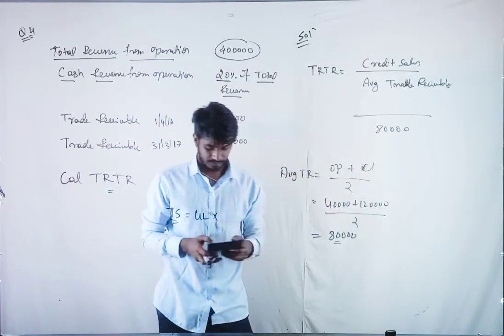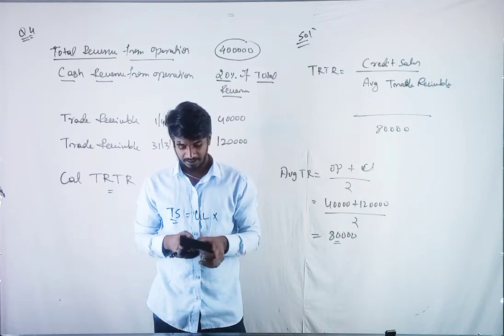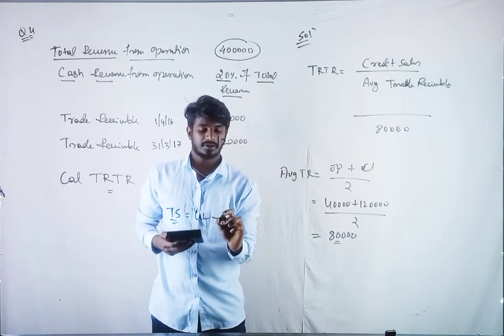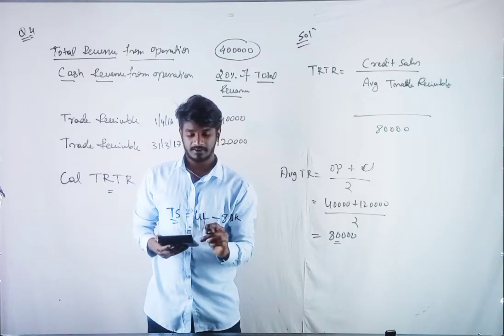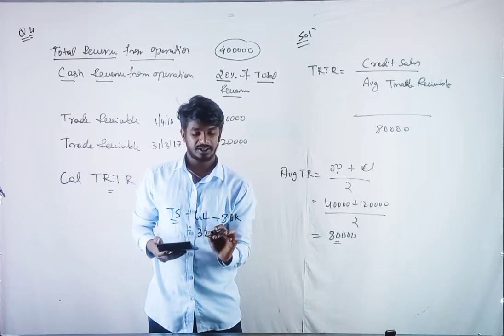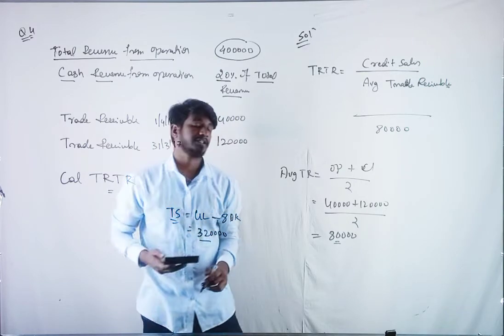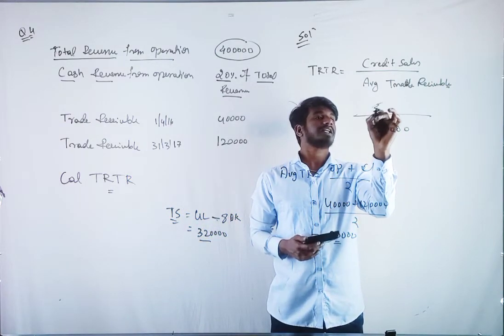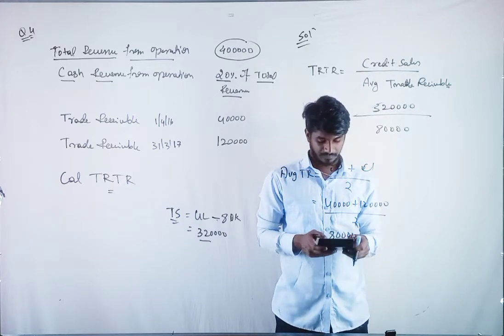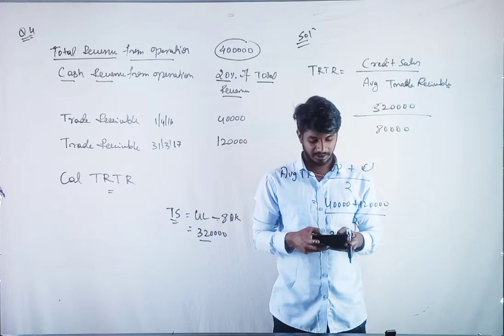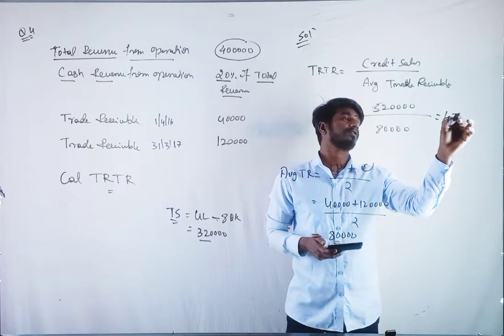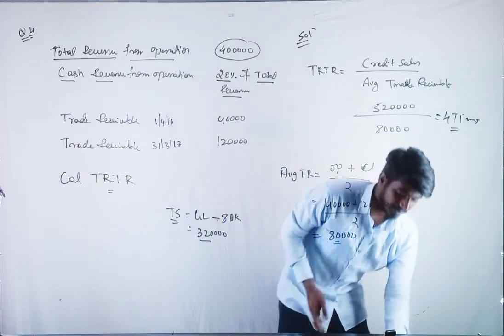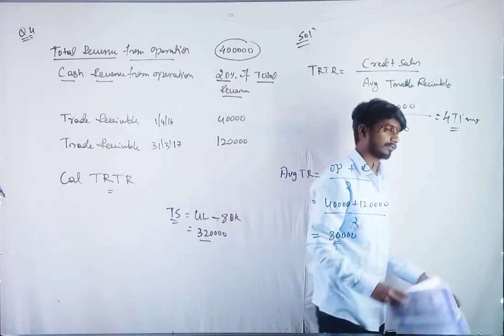How much is it? 4 lakh into 20% is 80,000. So 4 lakh minus 80,000 is 3 lakh 20,000, the credit sales. 3 lakh 20,000 divided by 80,000 comes out 4 times. The question is done. You can take down the solution.